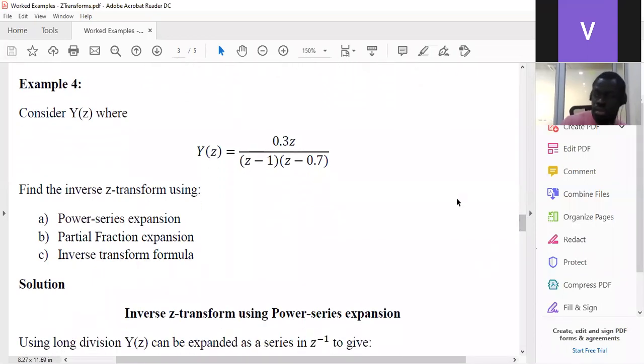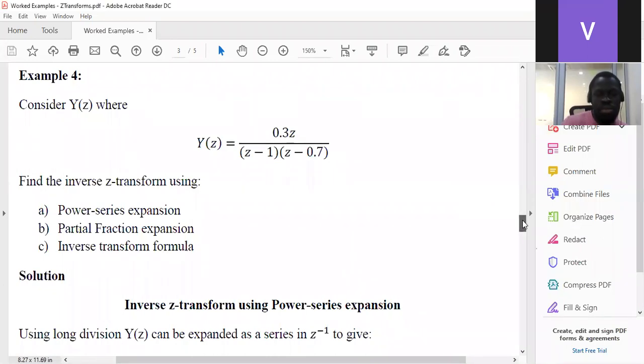I have 5 more minutes before Zoom is going to stop this. But this question is the inverse Z transform. If you read the original note, I talked about the inverse Z transform. For the Z transform, you have your signal.